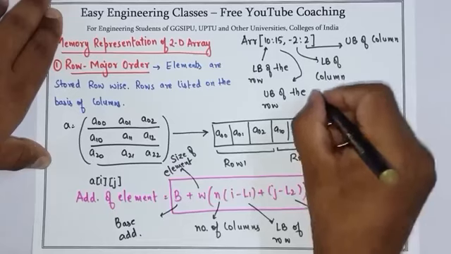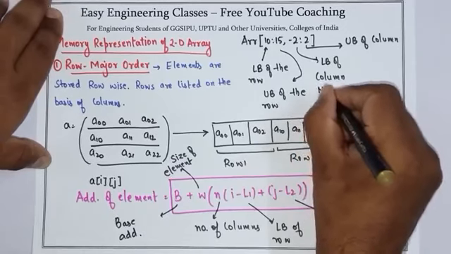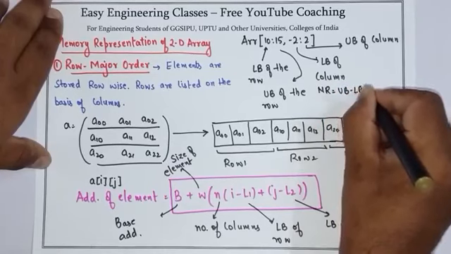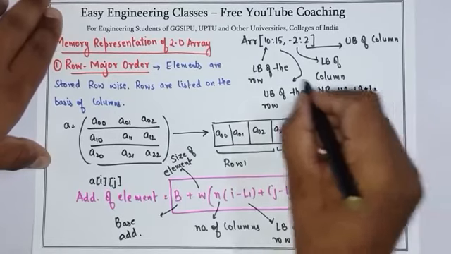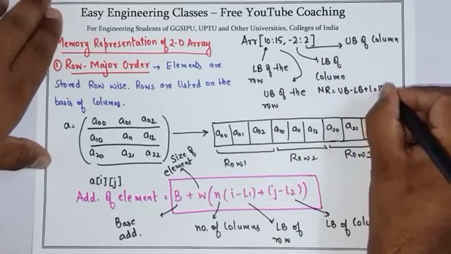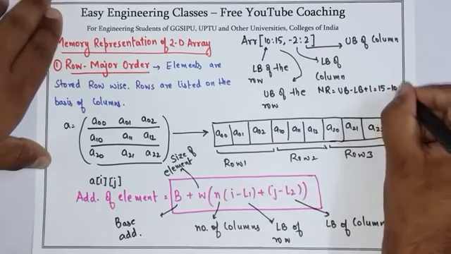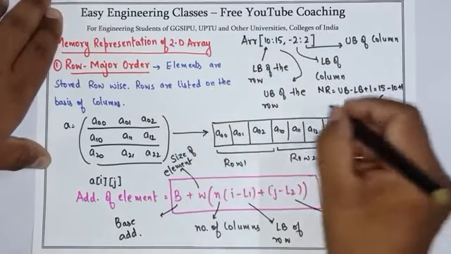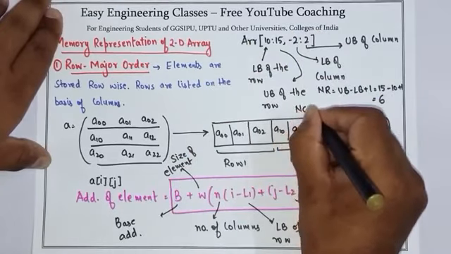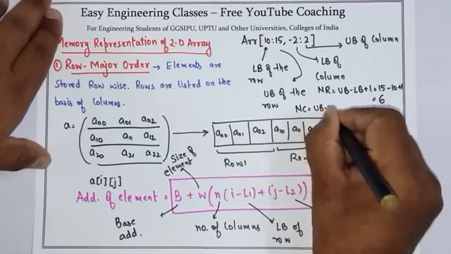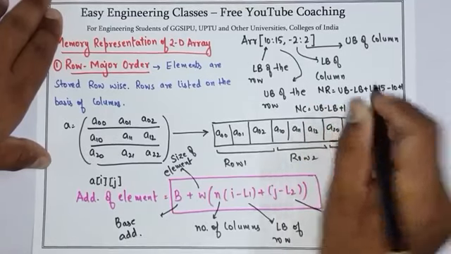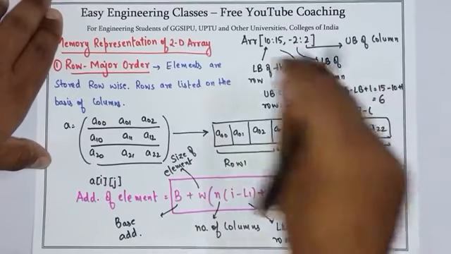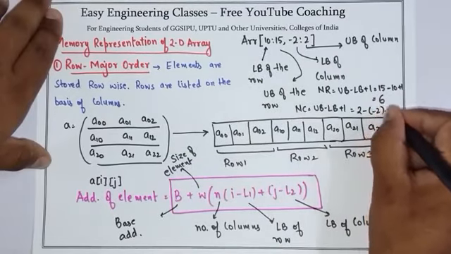The number of rows is given by upper bound minus lower bound plus 1. So upper bound of row is 15, lower bound is 10, plus 1. So the number of rows is 6 for this particular array. Similarly, number of columns is given by upper bound minus lower bound plus 1. In this, upper bound is 2, lower bound is minus 2, plus 1.